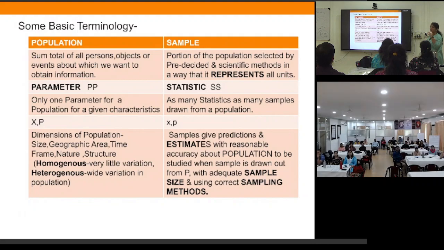By using a correct sampling technique. Various types of sampling techniques will be covered: simple random sampling, stratified sampling, etc. Whenever you are writing the methodology, these things become very important: type of study, research design, place of study, duration of study, sampling method, then sample size.